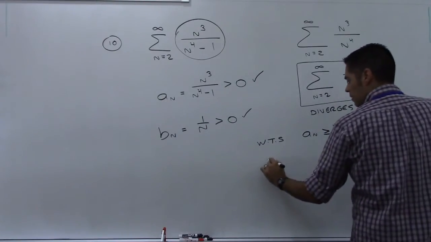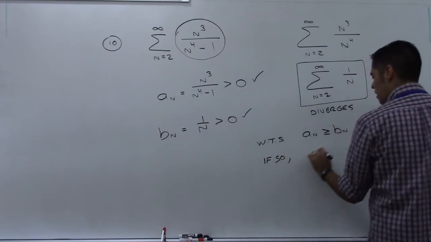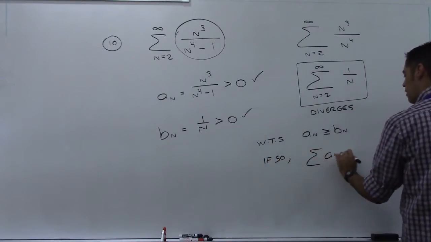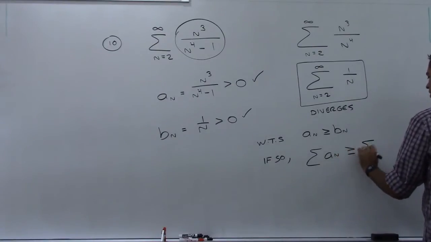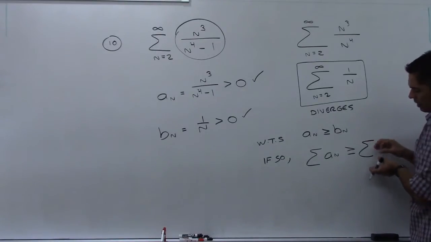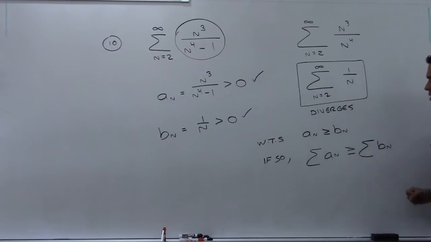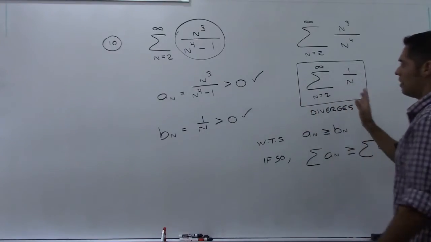And my conclusion is that if so, then my series a sub n should be bigger than or equal to the series with b sub n. And if I know that that blows up and gets infinite, or diverges, this one has to be bigger than that. That's also going to blow up. So I'm trying to force this one to blow up like this one does.